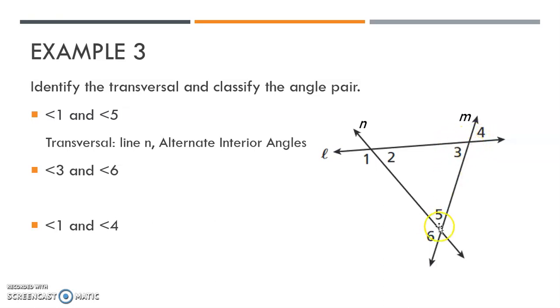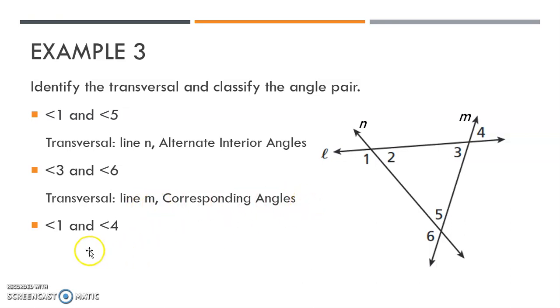It's between the two lines that are intersected. This is an exterior angle, and they're both on the same side. Surprisingly, these are not same side mixed. Okay, these are corresponding. If I slide this up to this intersection, the 6 will be on top of the 3. They are corresponding angles. So the transversal is M, and they are corresponding angles.